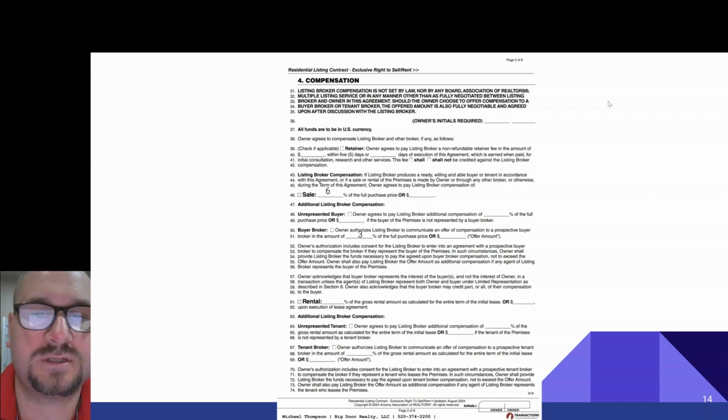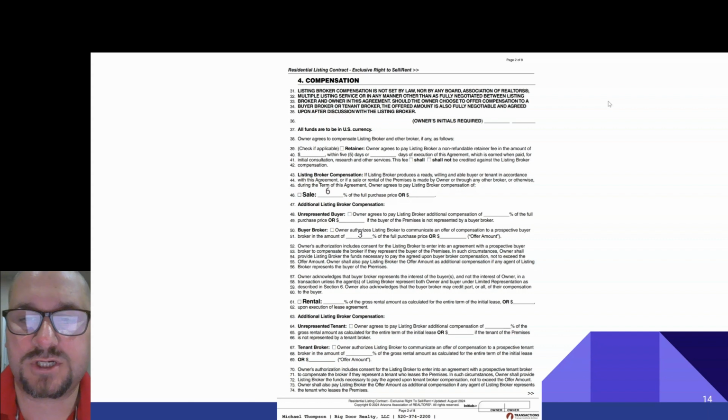Owner's authorization includes consent for the listing broker to enter into an agreement with the prospective buyer broker to compensate the broker if they represent the buyer of the premises.